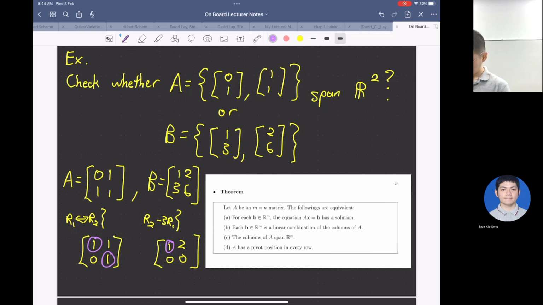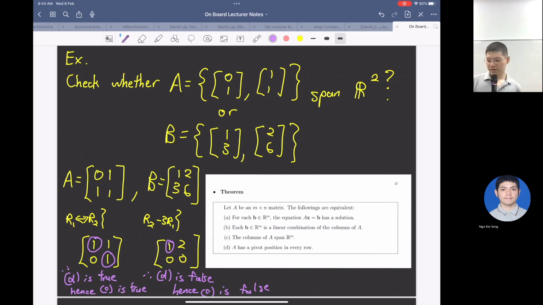So this one D is true and here E is false, so the two are false, hence C is false. So when you are solving a linear system, you can also think of a matrix system going on in the background.